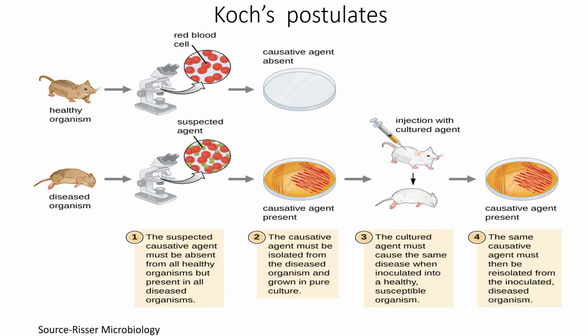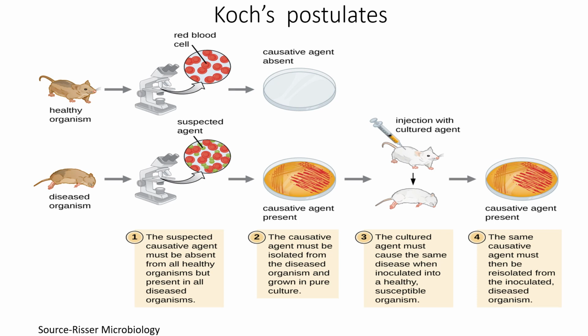In Robert Koch's period, the concept of germ theory of disease, that means a microorganism is responsible for a disease, had already been accepted. So what happened was, laboratories from different parts of the world started claiming that a particular organism is responsible for a particular disease.